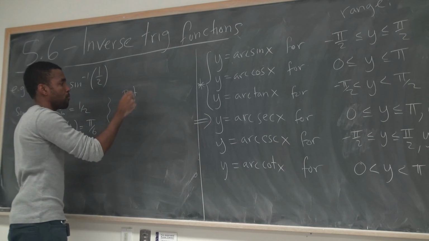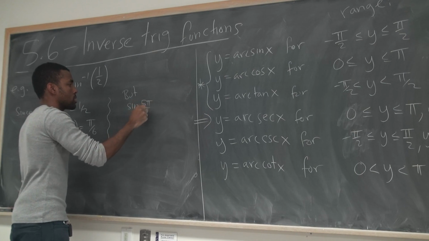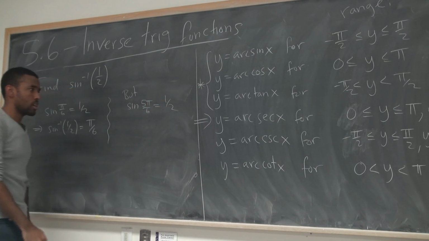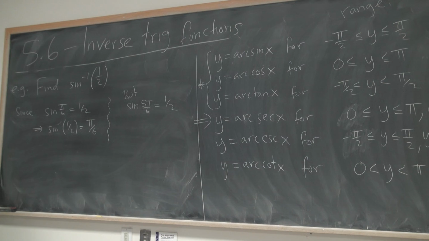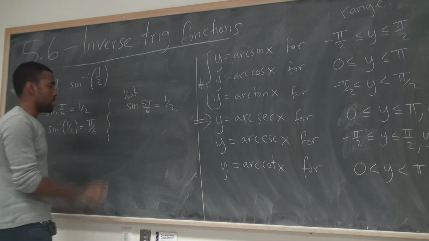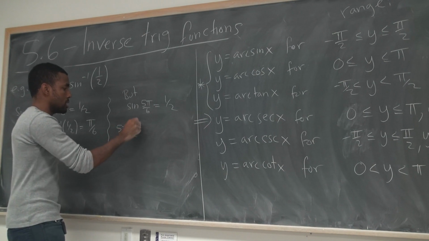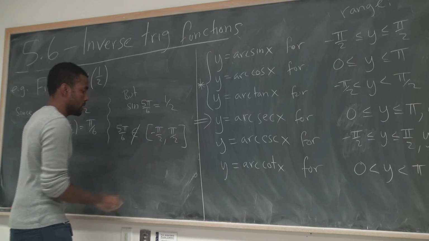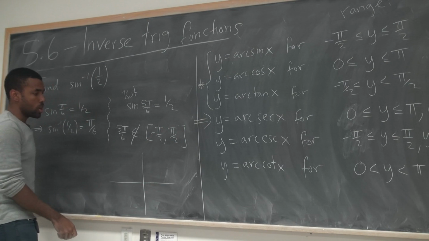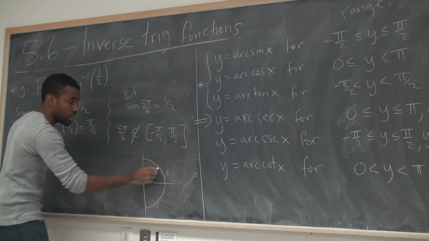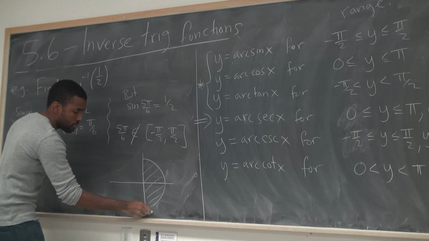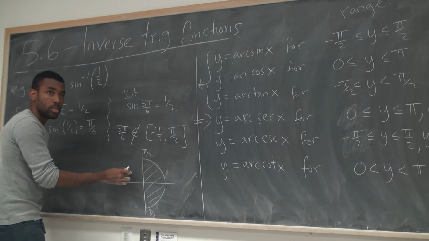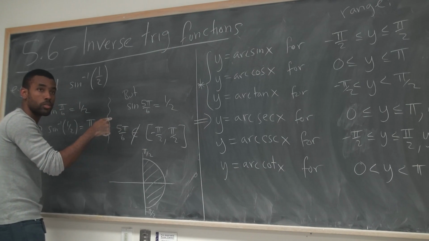But what's sine of 5 pi over 6? It's also a half. Why is the answer not 5 pi over 6? Because of the domain, right? 5 pi over 6 is not in the range of minus pi over 2 to pi over 2. So when you're looking at the sine function, if you want to get your answers, they will come from the right side. Your angles can take on any value between minus pi over 2 all the way up to pi over 2. 5 pi over 6 is over here. So it's never an answer considered when you're looking at the inverse function.